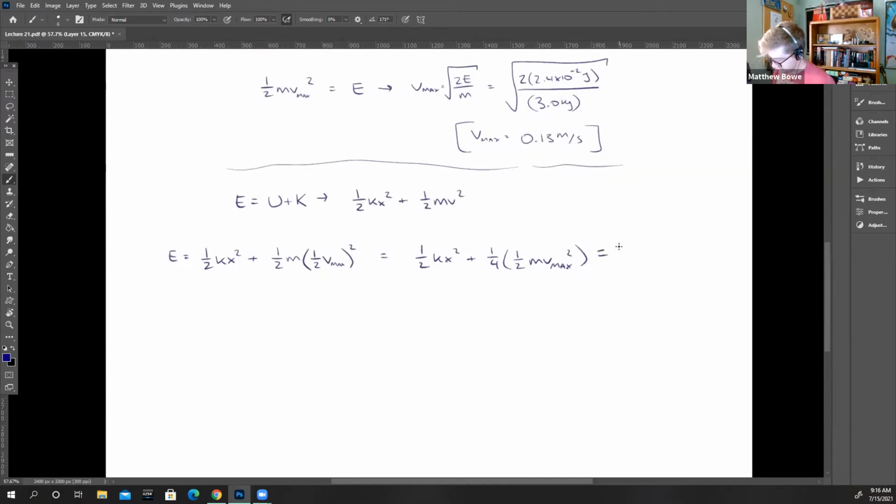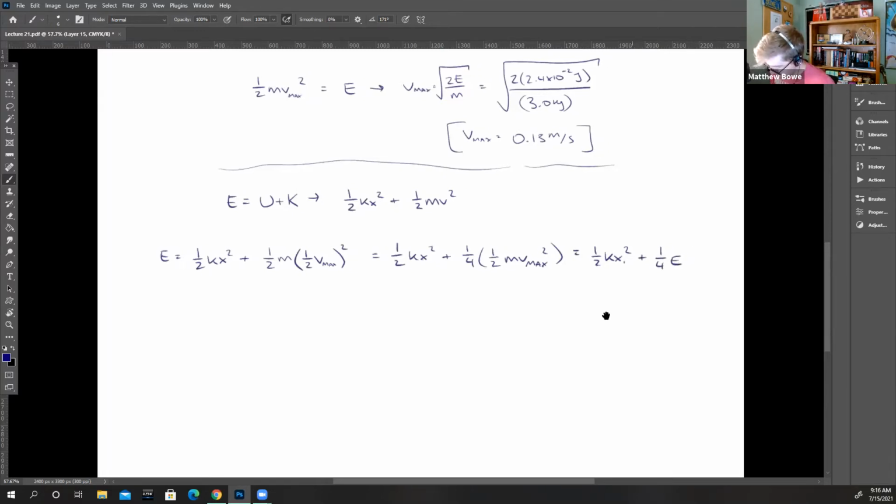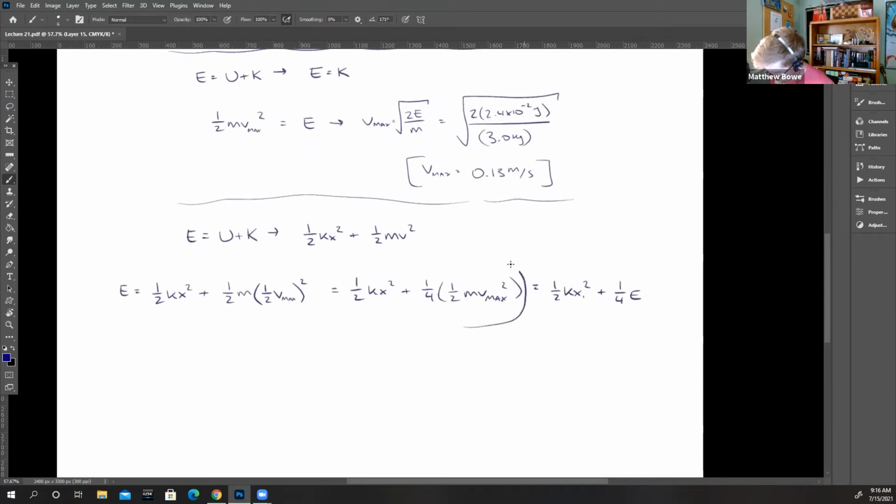This is actually 1/2 kx squared plus 1/4 E. Now, why did I change this term that's in the parentheses to E?